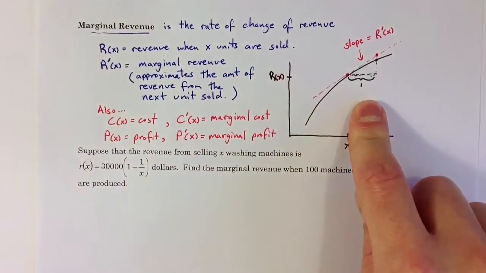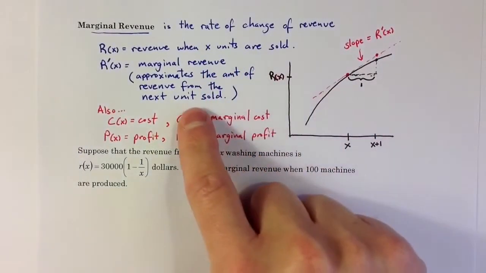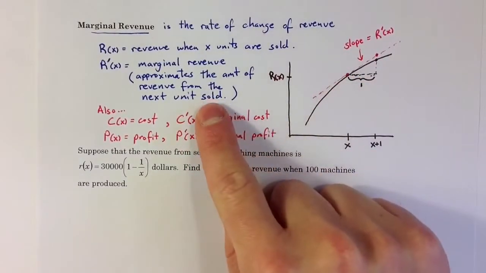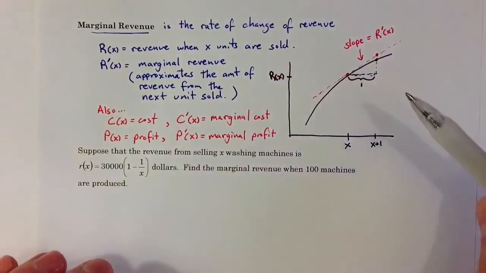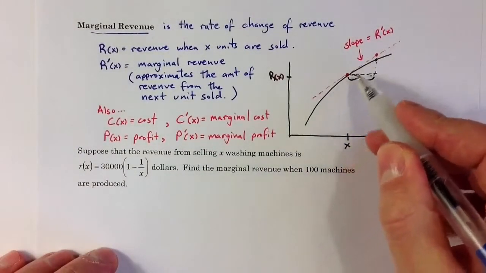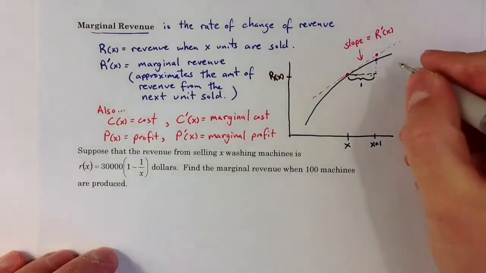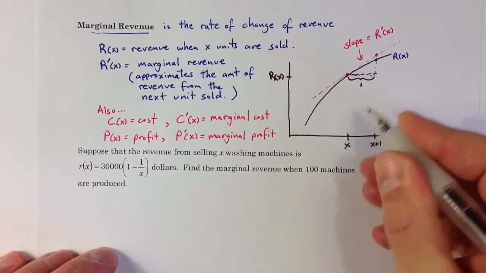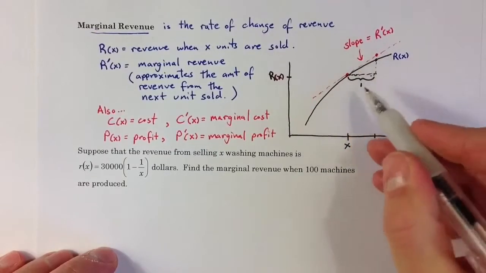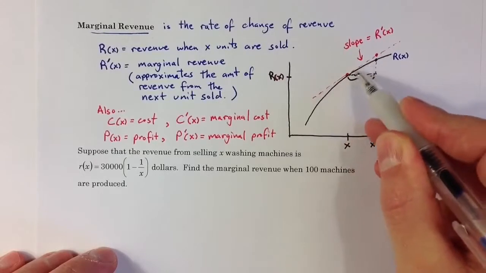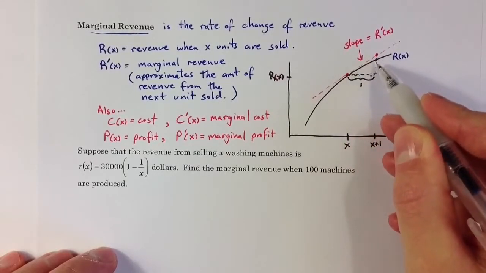So the way this works, we can think of marginals as approximating the amount of the next unit sold, in the following sense. In the diagram here, the black curve is our revenue curve, and at any particular point, say at a point X, the tangent line to that curve is going to be really close to the curve, at least for a little while.